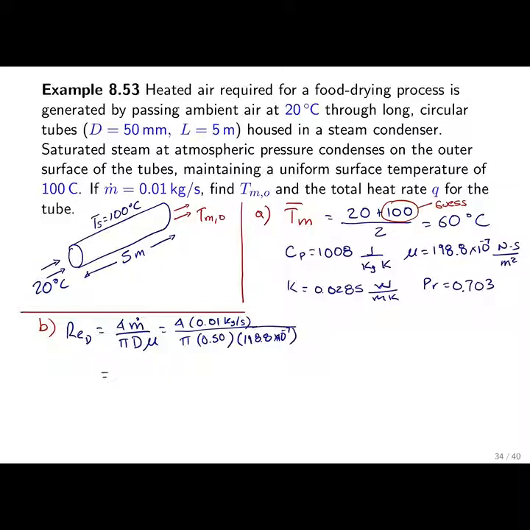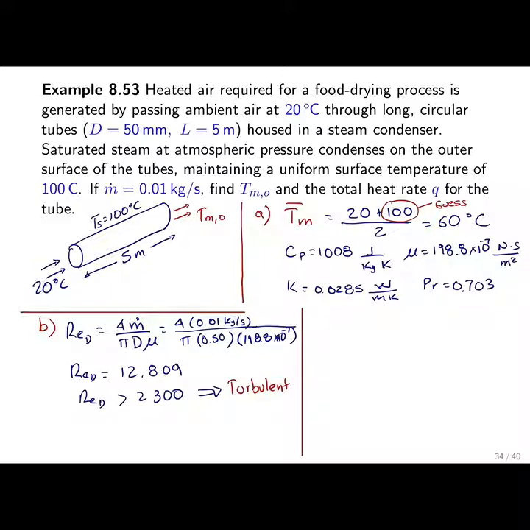So Reynolds in this case is equal to 12,809. That's Reynolds D. Therefore it is bigger than 2,300, so that implies that the flow is turbulent.